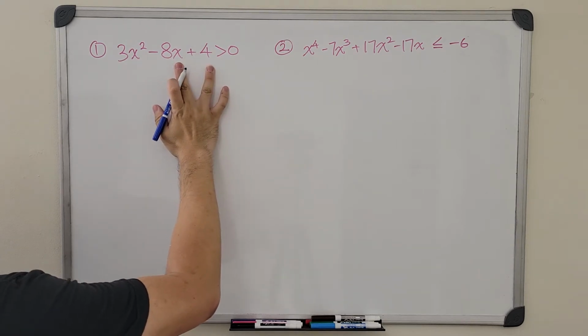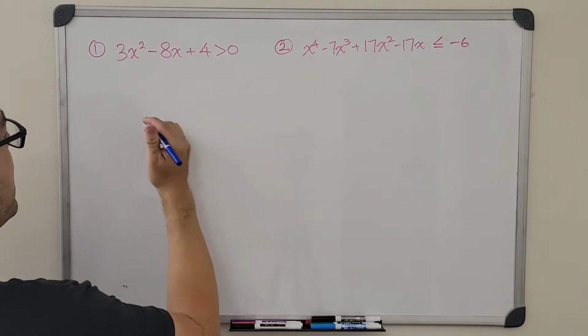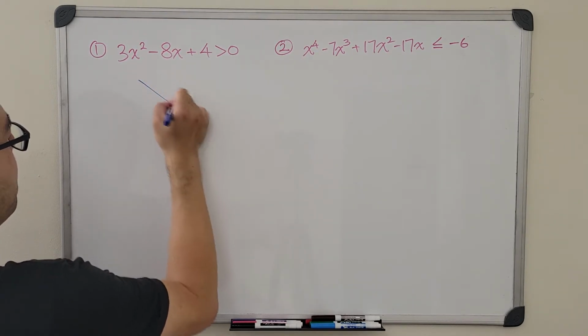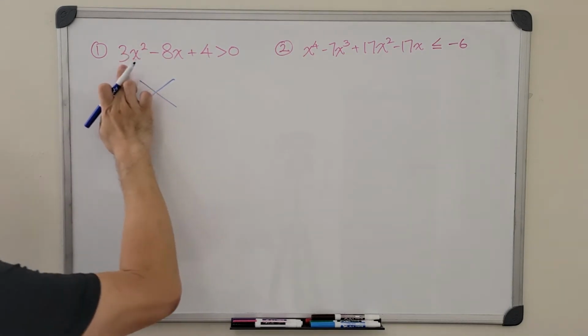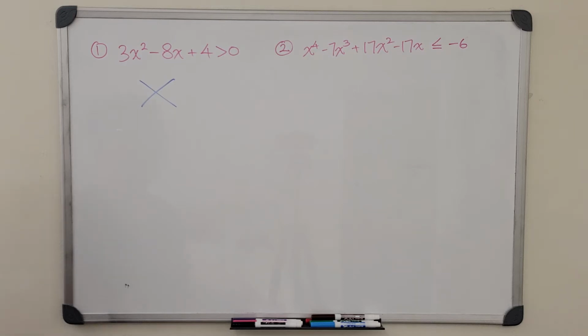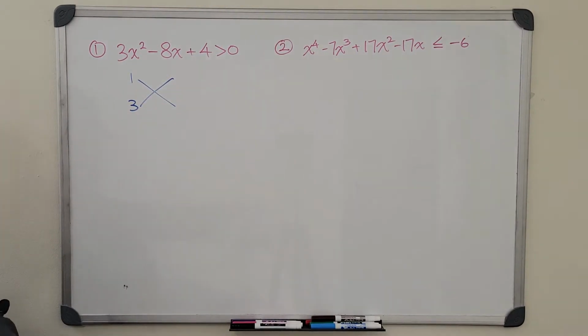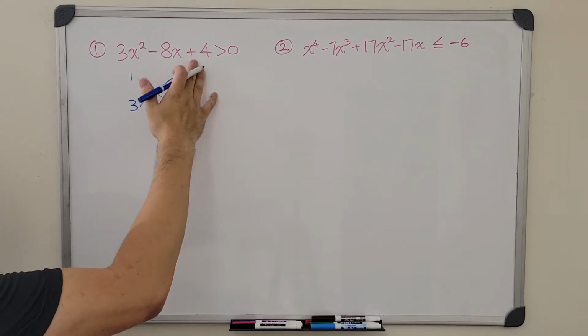So all we need to do is now try to factor out the left hand side, which again, we can just use the cross to help us. Here the leading coefficient is 3, meaning that we only have one option, 1 times 3. If we ignore the negative sign, because we can of course adjust it with the constant term.